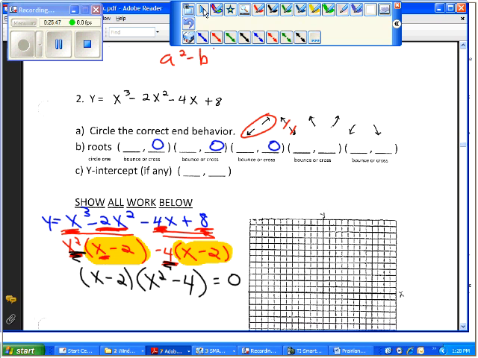a squared minus b squared is called the what? Difference between two squares. This is from Algebra 1 and Algebra 2. We have to recall a rule here. What does the difference between two squares factor into? Binomials.